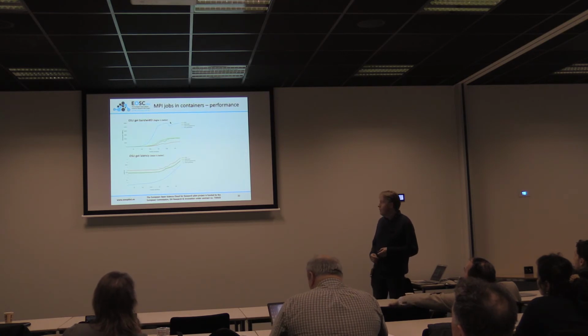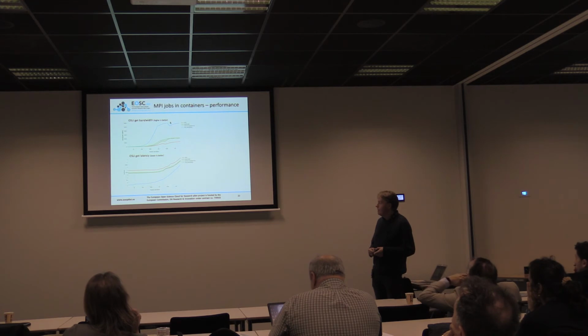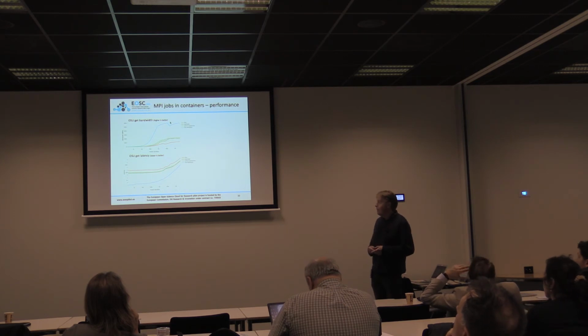As you'd expect, if you compare the bandwidth and latency in different clouds compared to an HPC cluster, obviously there's a big difference in performance. Here the blue line is from an HPC system in Bulgaria that we have access to within EOSC Hub, and the three other lines are three different clouds.